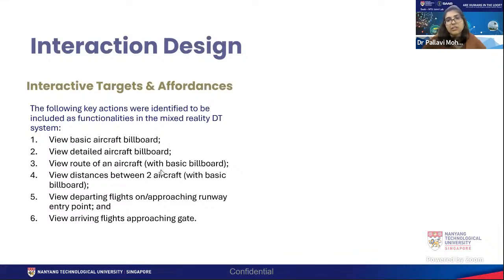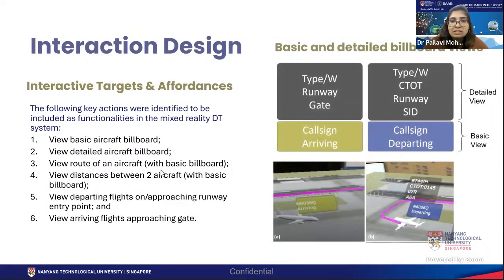Now, let's look into the interaction design model of this. To design the interaction model, aircrafts, runways, and gates were identified as interactive targets with these functionalities embedded within them that you can see as a list. View basic and detailed aircraft billboard. Now, a billboard, as you can see in the picture here, is a tag attached to an aircraft with varying levels of information. So they are interactively called upon.